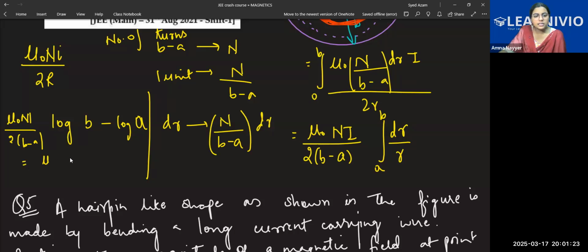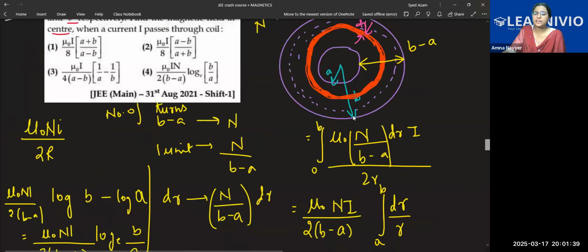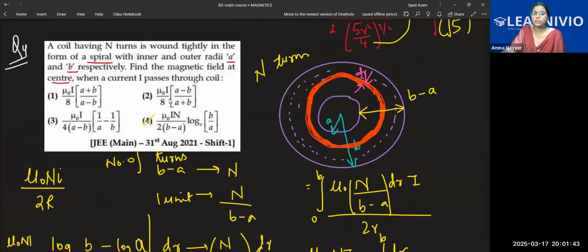Mu naught N I by 2 into B minus A, log to the base e, B by A. Is there any option? This one, right? Fourth one. Got it? Yes, ma'am. Okay, please write it.